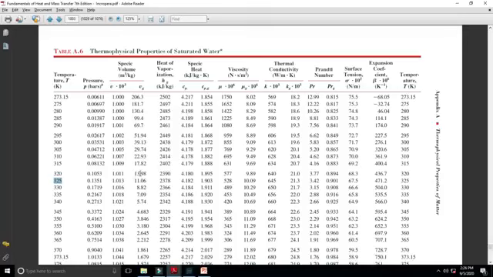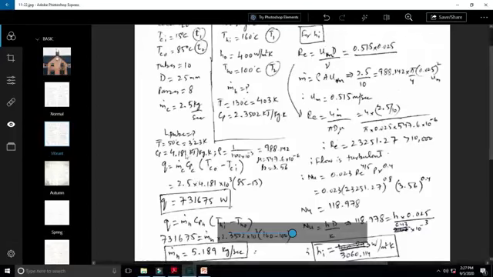At 320, the specific heat of water is 4.18, and at 325 it is 4.182. So at 323 it would be 4.181, or you may interpolate it exactly. So it would be 4.181 kilojoules per kg per Kelvin.